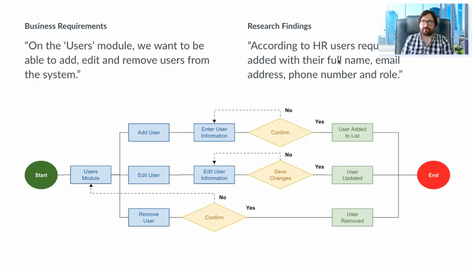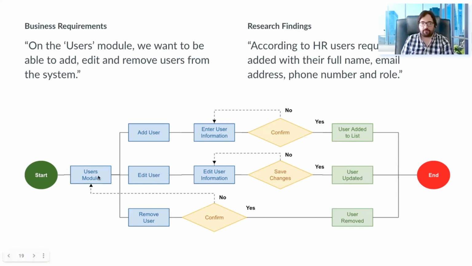So for example, the research findings don't help a lot at this point. We can add that level of detail if we want, but for the basics of the flows, we don't really need this. This is something important while we're defining requirements for this specific action of adding users and what the fields need to be. But the very basic interpretation of this is the following.